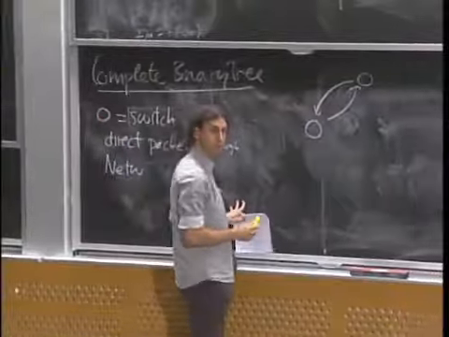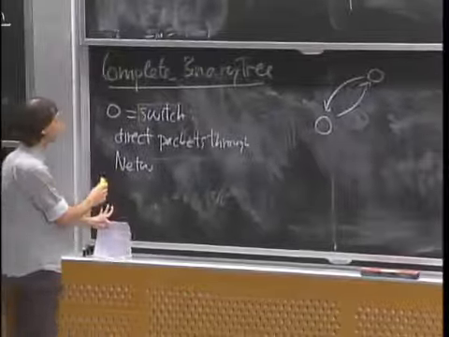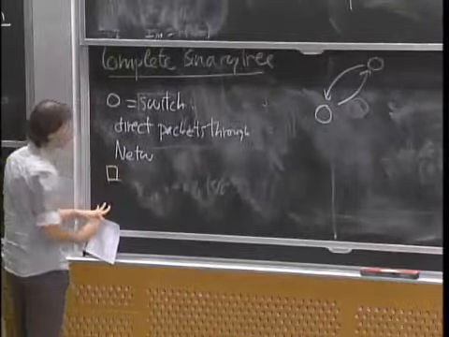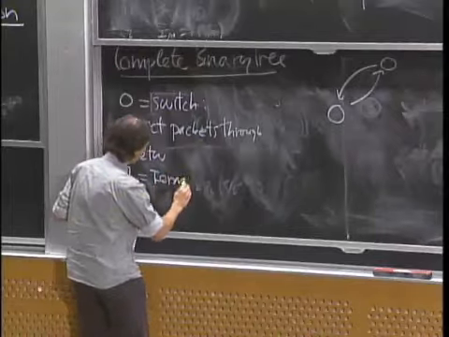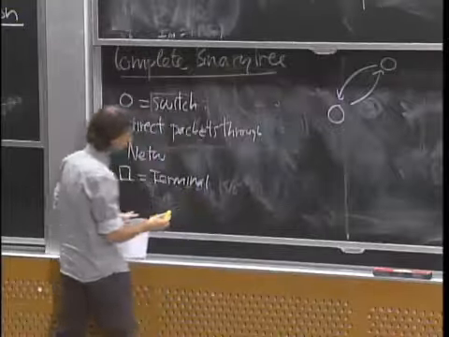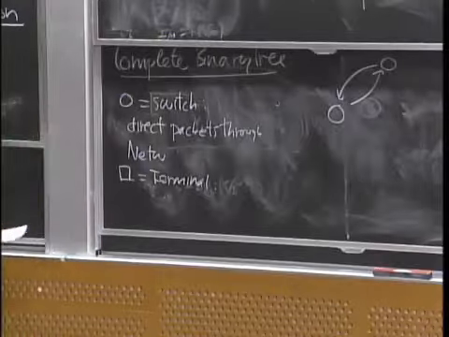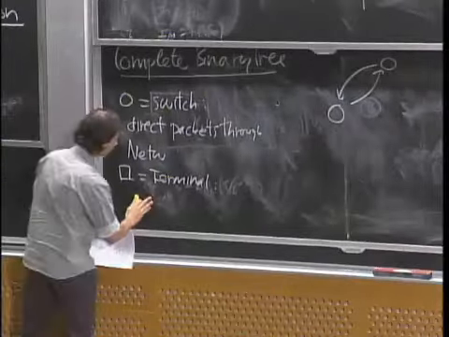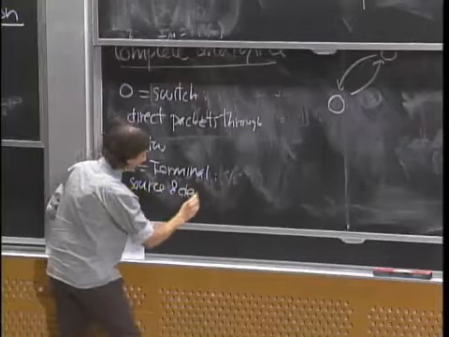So what we want is to be able, from every terminal, which I will denote by a square, to reach any other terminal. So what is a terminal? A terminal is like a computer or something like that. It's actually the source and the destination of data.